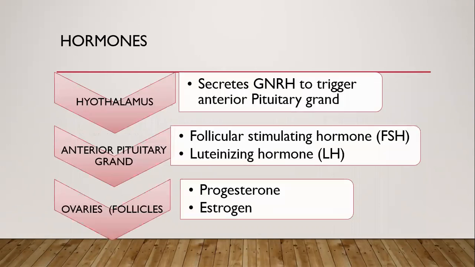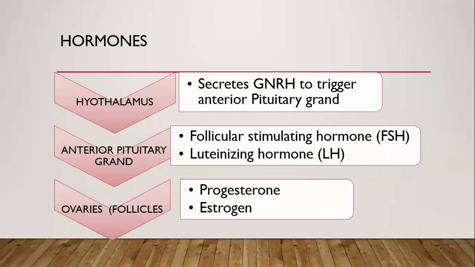We need to understand the hormones that control follicle formation or development, and the organs that are equally responsible, so we have a look at them as well. So we have the hypothalamus. Never mind the spelling there, we'll be able to correct it.